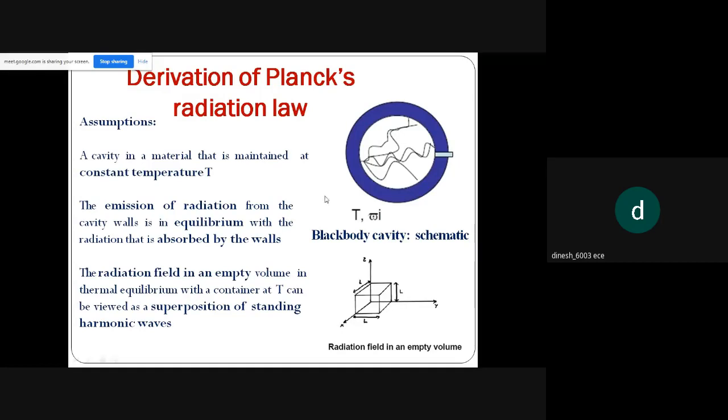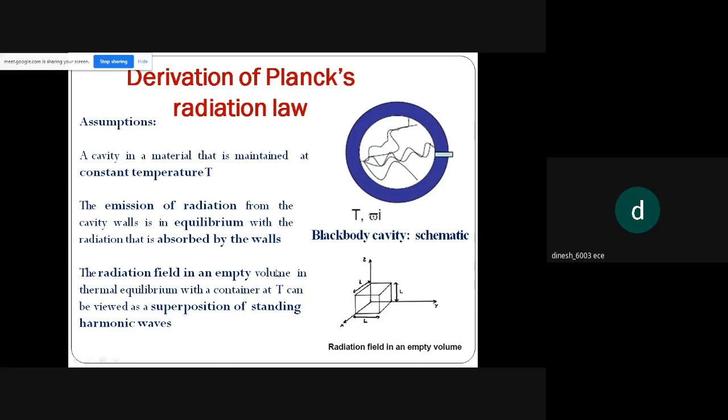The emission of radiation from the cavity walls is in equilibrium with the radiation that is absorbed by the walls. We say at equilibrium condition they are equal. So the radiation field in an empty volume in thermal equilibrium with a container at T can be viewed as a superimposition of standing harmonic waves.